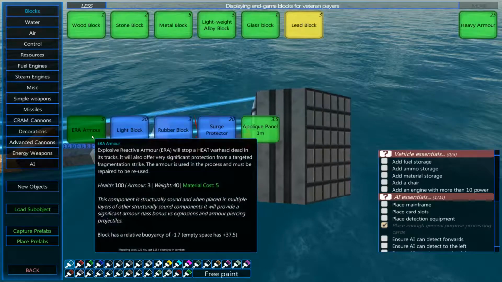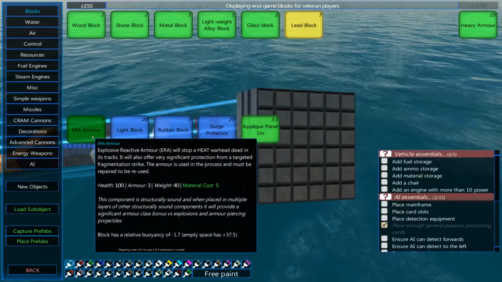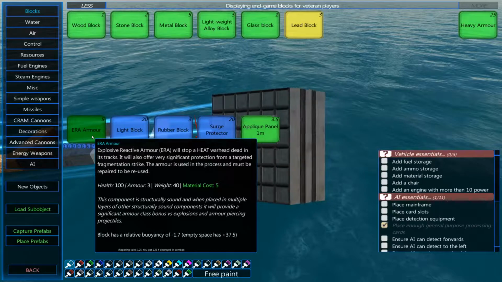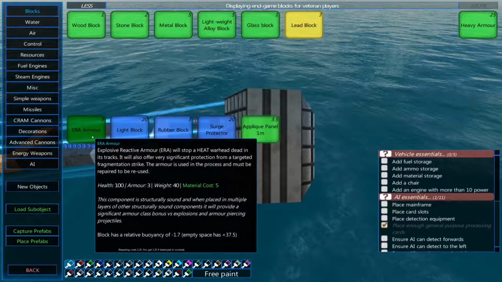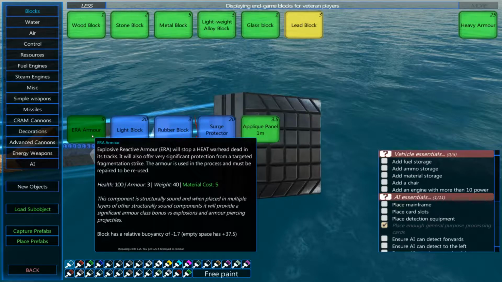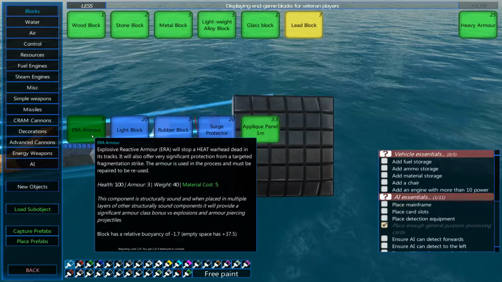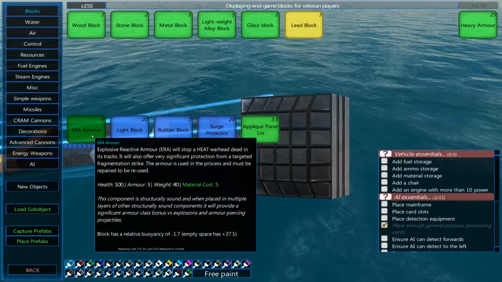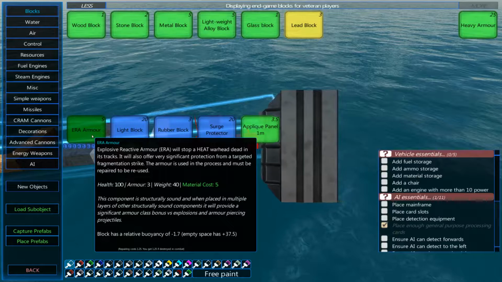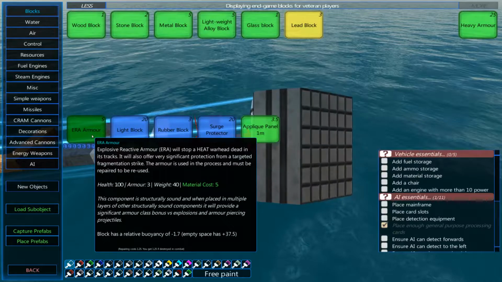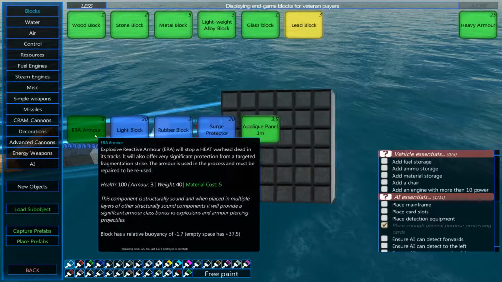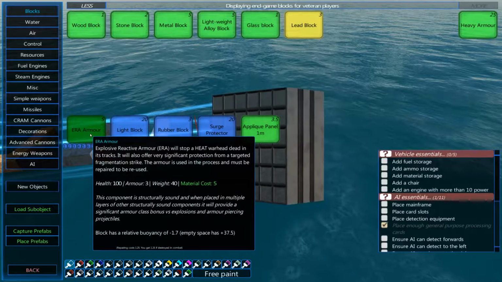You have ERA armor, which is something specific to defense against advanced cannons. It stops the enemy from just imparting a whole load of explosive damage onto your hull, which is never good. But it can only be used once, so it's rather expensive to use.